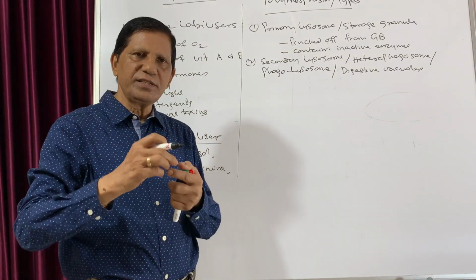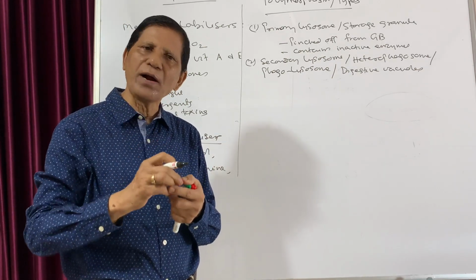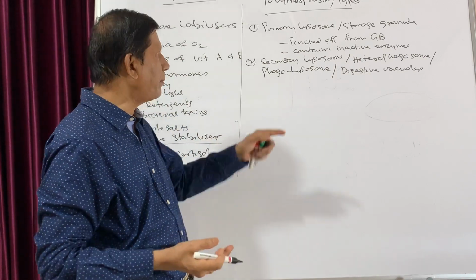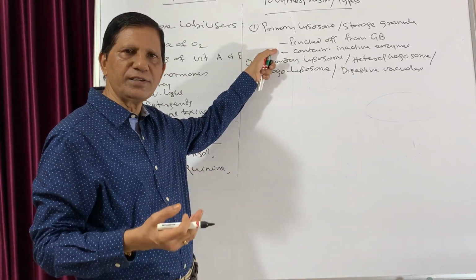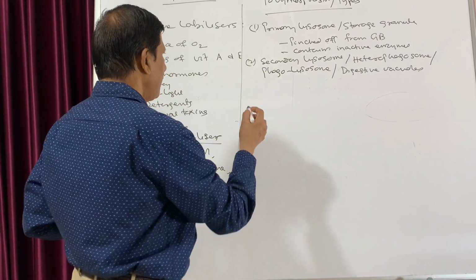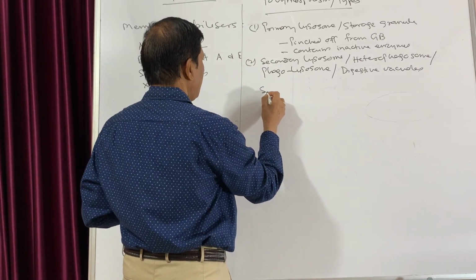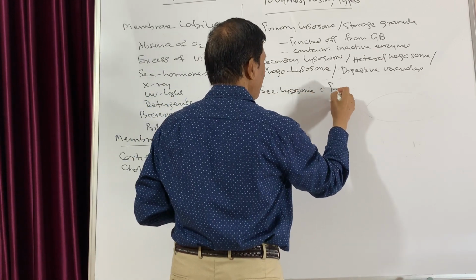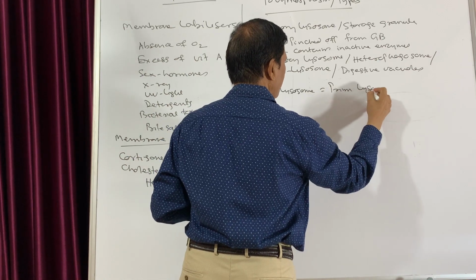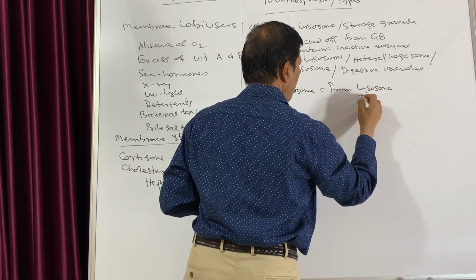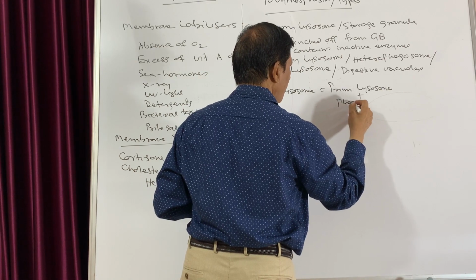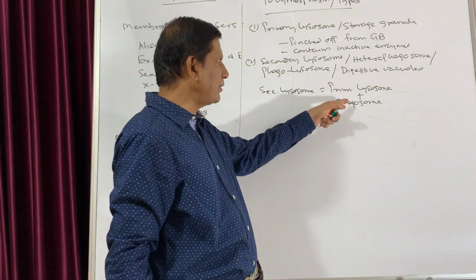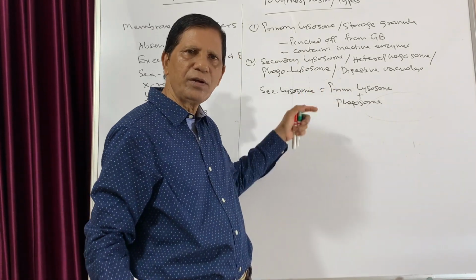Usually the solid food materials come to the cell in the form of a phagosome. When the phagosome, which is loaded with food materials, combines with the primary lysosome having inactive enzymes, it gives rise to the secondary lysosome. That means the secondary lysosome is the combination of a primary lysosome plus a phagosome loaded with food materials.